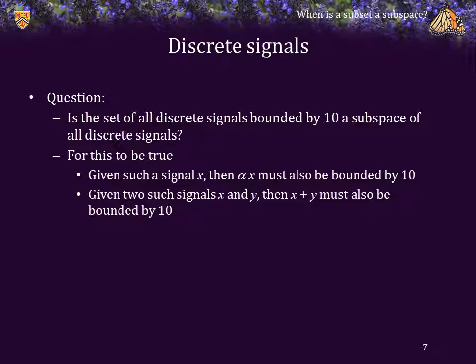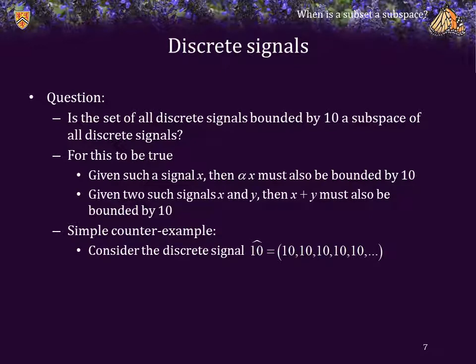Now, the fact that the value 10 is fixed suggests there might be a problem here. We actually have a very simple counterexample. Consider, for example, the discrete signal that simply has the value of 10 in every single entry.